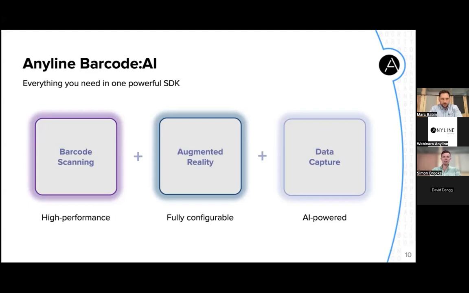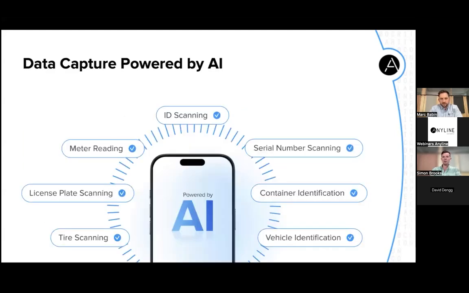And then in addition to that, the data capture, the AI-powered data capture, machine learning models that we built into our SDK today at Anyline for capturing various different types of data in many, many different fields. As I mentioned, all in one SDK. And those capabilities that we offer today for data capture include, for example, ID scanning, meter reading, serial number scanning, license plate around the vehicle, tire scanning as well, vehicle identification with a VIN number, and also shipping container identification.